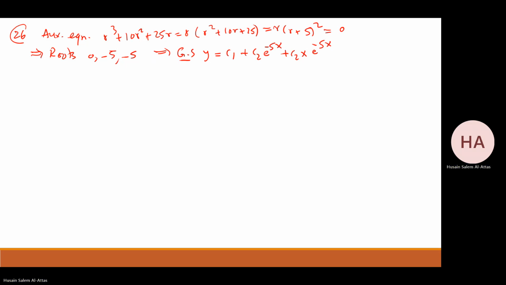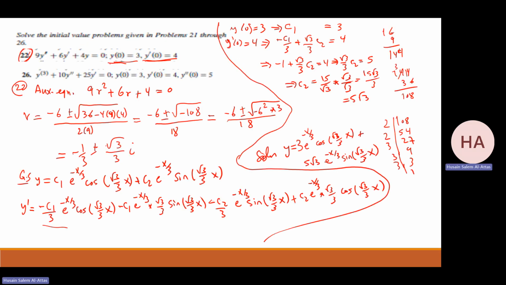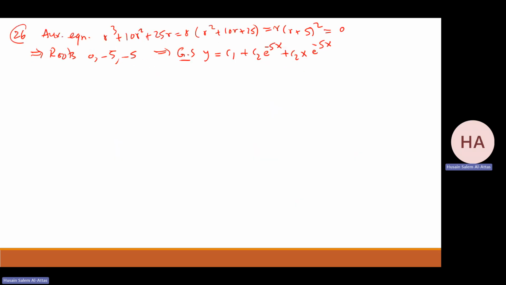Okay. Conditions, I have y prime, y double prime. So let me do it. I need y prime, which is minus 5c2 e^(-5x). And then this one, I have what? No, this is c3, sorry. This should be c3.